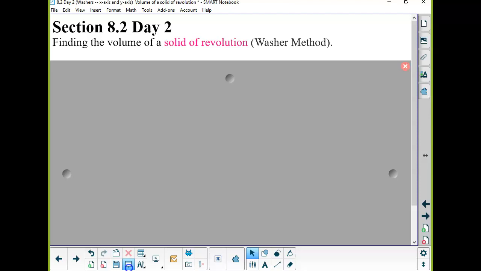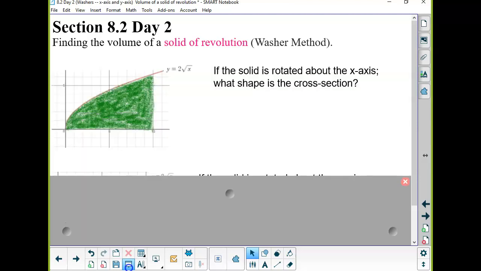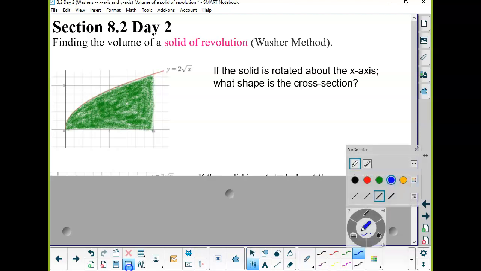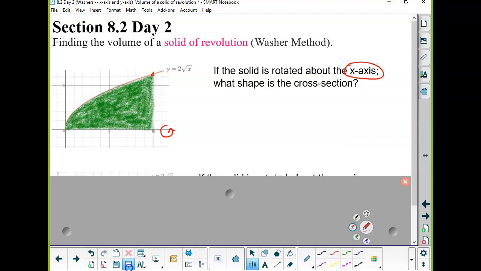Okay? Now, I don't want you to write this because this is just visualization of where we've been to where we're going. So just kind of watch this one quick. I'm going to do it probably pretty messy, but pretty quick. If the solid is rotated about the x-axis, what is the shape of the cross-section? So here's the x-axis. If I rotate this point, which is up maybe close to the 6-ish, it's going to rotate down. And then there's my spot.